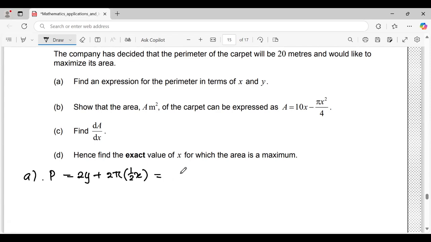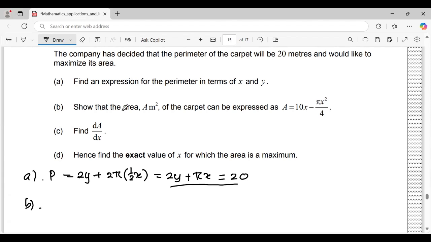So the perimeter will be 2y plus pi x equals 20. This is the perimeter: 2y plus pi x equals 20.